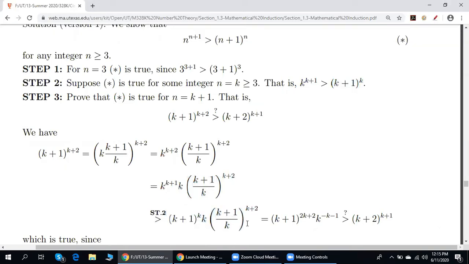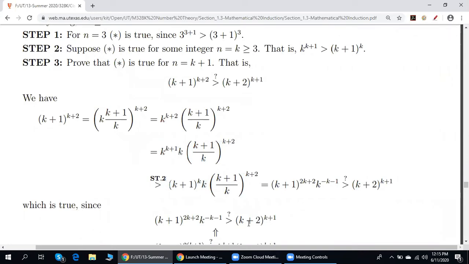Here is what we do next. Let us collect like terms. Note that over here we have k plus 1 to k's power times k plus 1 to k plus 2. So in both cases we have k plus 1. Note that k plus 1 to k's power times k plus 1 to k plus 2 is k plus 1 to k plus k plus 2.